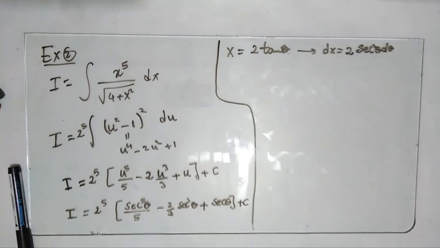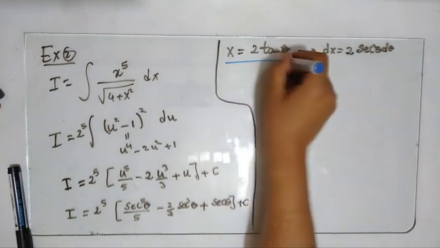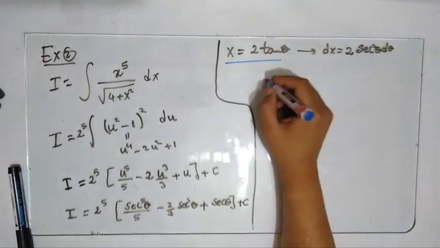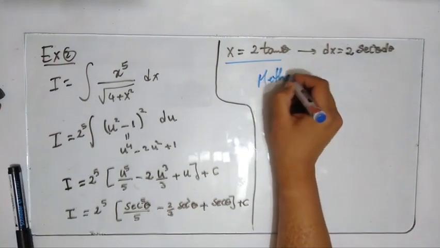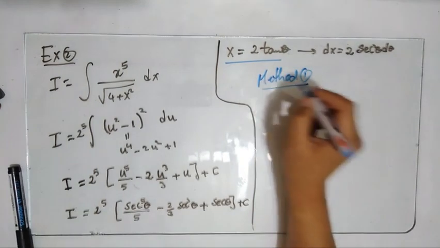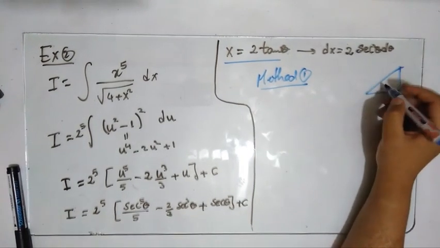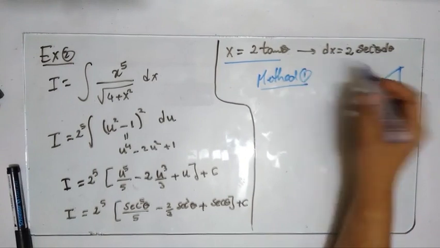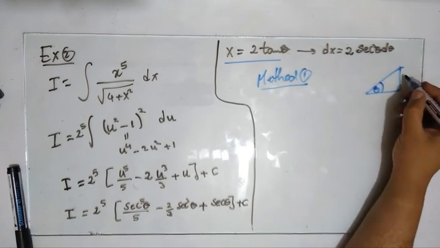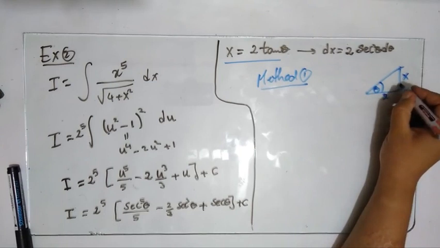So we have to replace the sec theta by its value in terms of x, but actually we had this substitution. So again, we have two methods to do that. The first method is to draw our triangle. If this is theta, so tan theta is x over 2. Tan is the opposite over the adjacent.